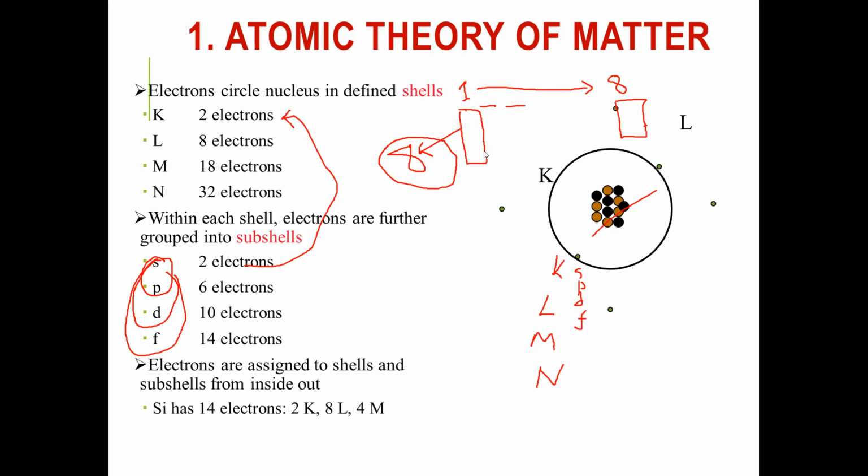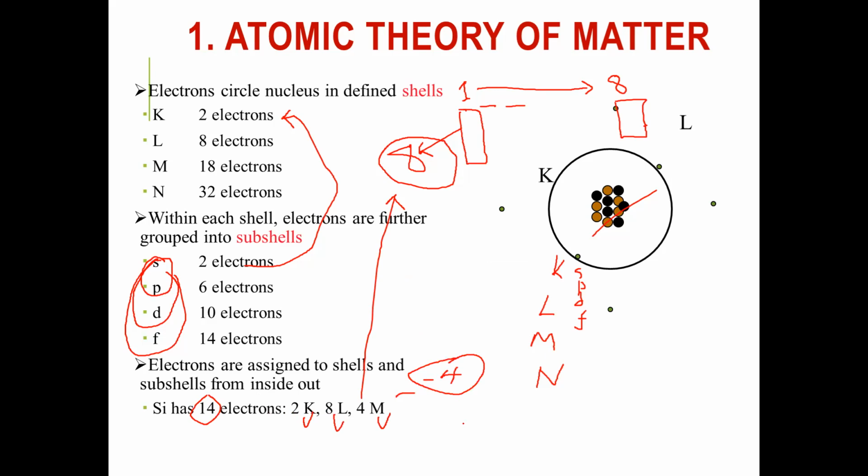So our main semiconductor that we'll be looking at is silicon. Silicon has 14 electrons, right? So it has 2 in the K, 8 in the L, and 4 in the M. But we said an atom is stable when it has 8. So here we have a deficiency of 4 electrons in silicon.